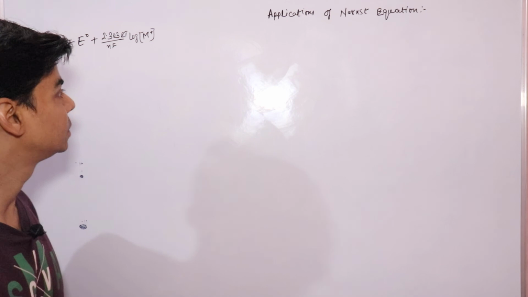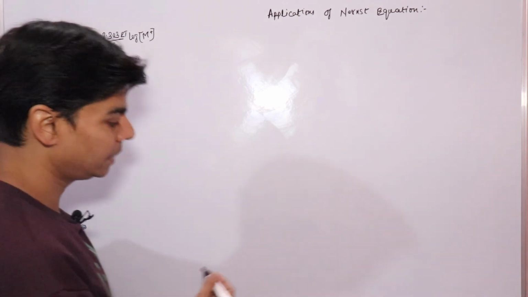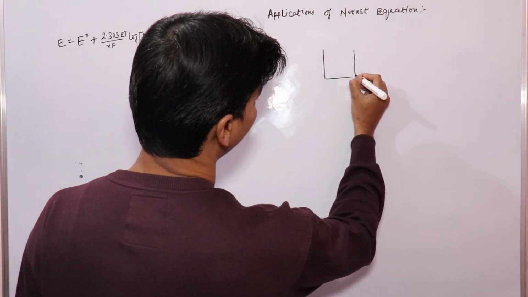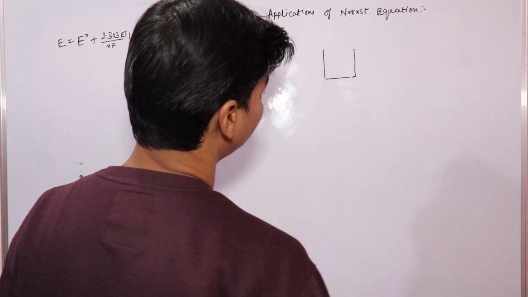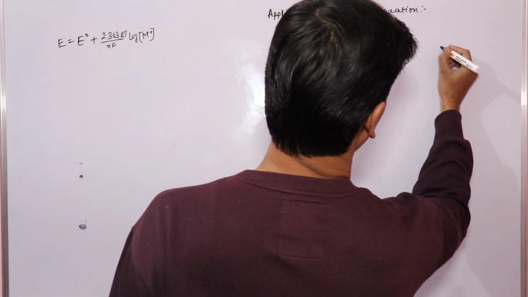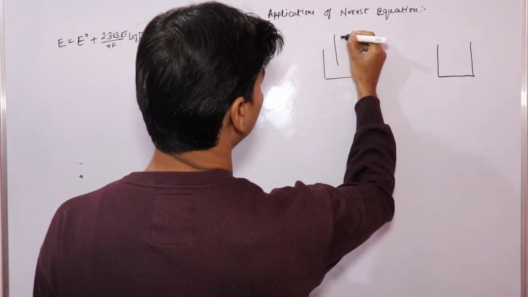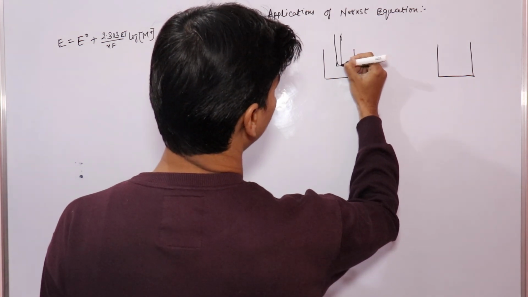Application of Nernst equation. Let's take the example that we have done before, the galvanic cell of zinc and copper. This is the galvanic cell. This is your zinc rod, zinc electrode.